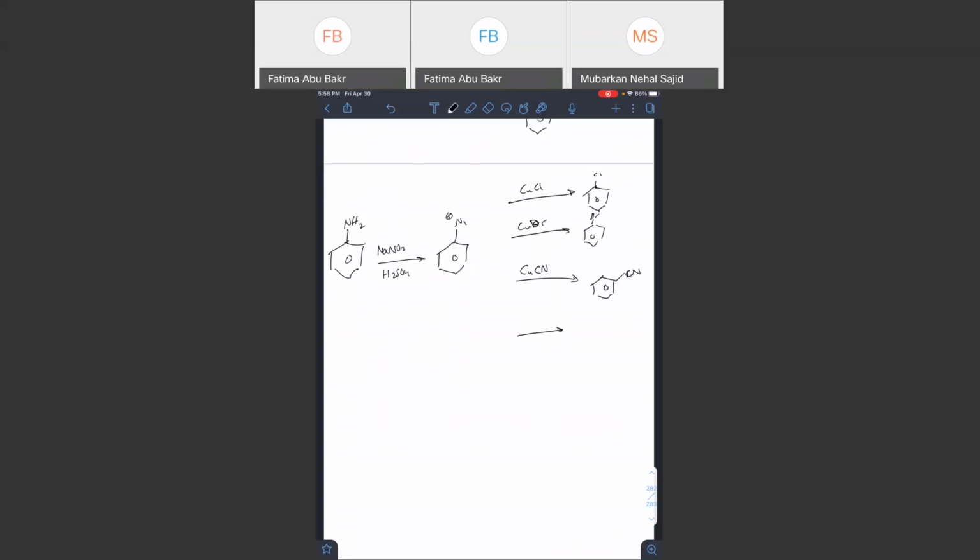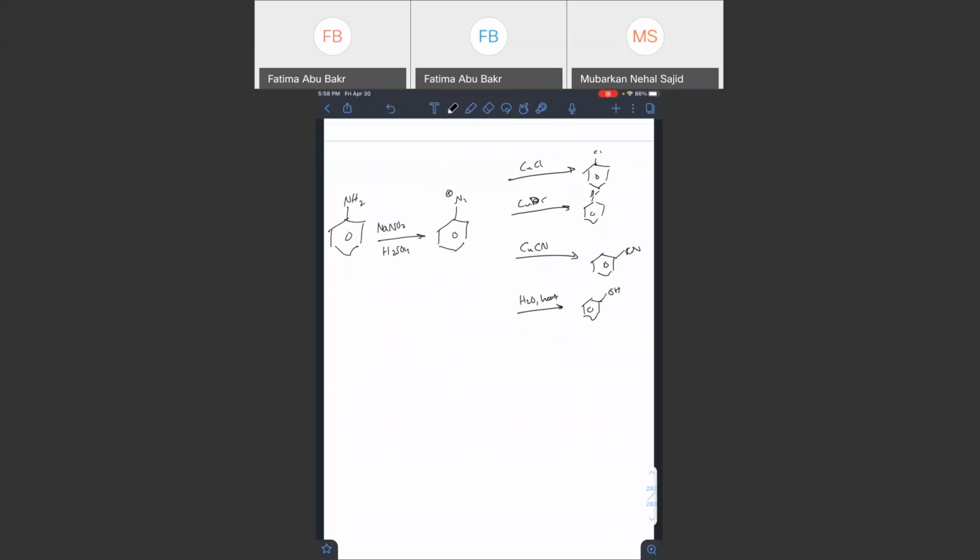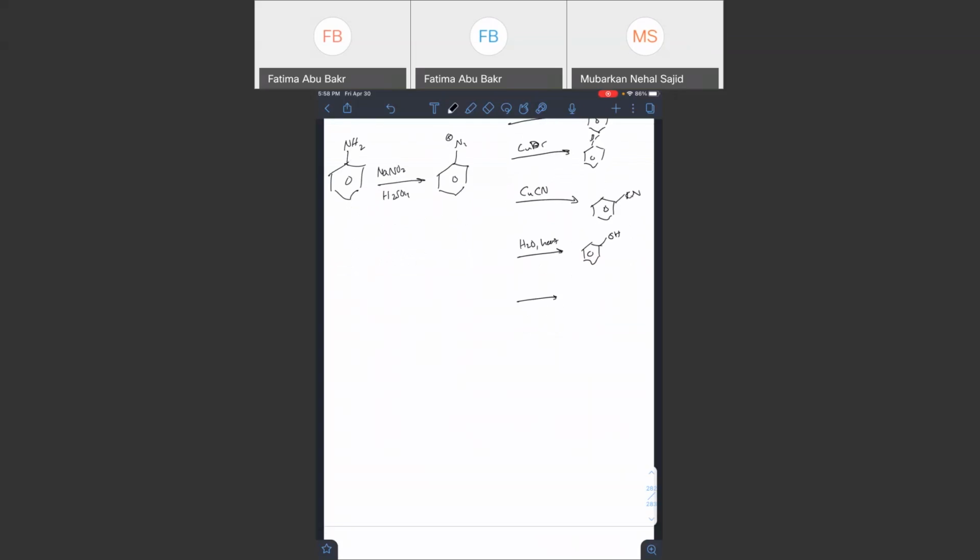You can also react that with H2O and heat, and that'll give you OH, an alcohol, in that position. You could also do, this one is new, H3PO2, and that will give you a complete removal of everything, so just back to an aromatic ring.